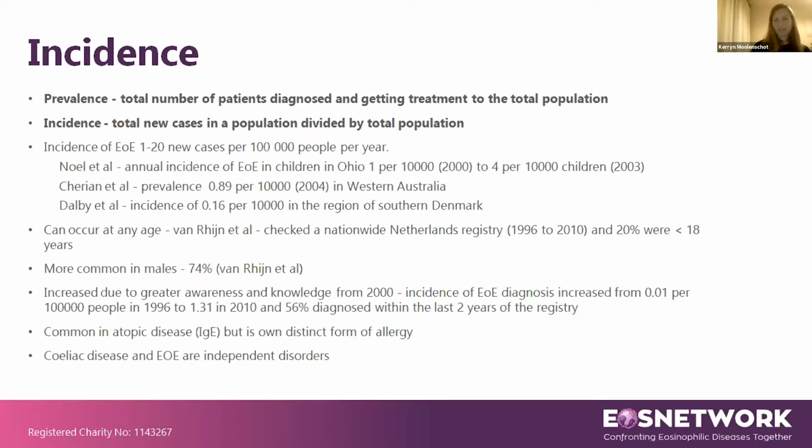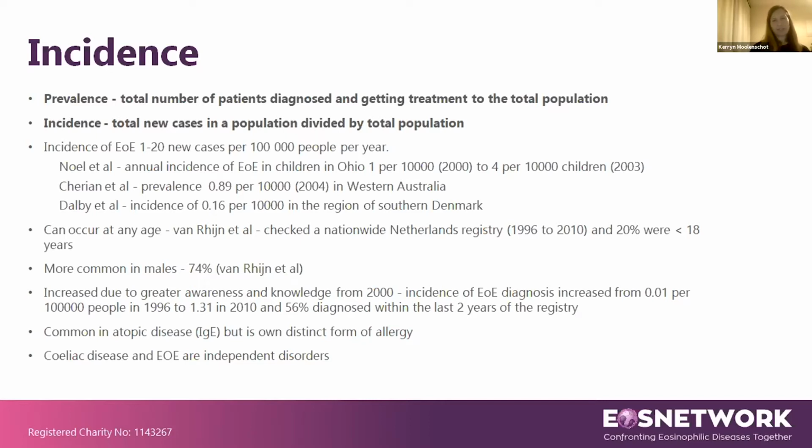In Western Australia, which I think there may be people here tonight, there's a prevalence of just under 1 per 10,000, and that was 2004 data. And in southern Denmark, which seemed to be the lowest for whatever reason, there was 0.16 per 10,000 new cases of EoE per year.